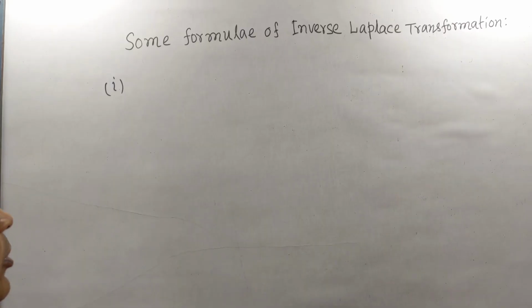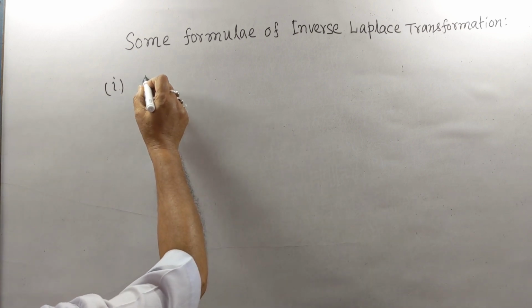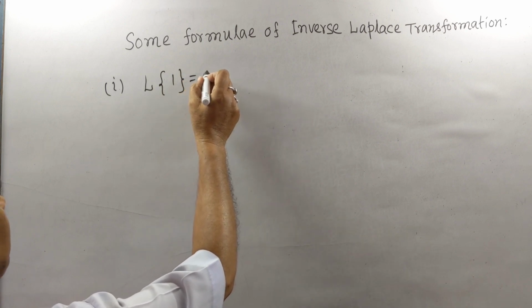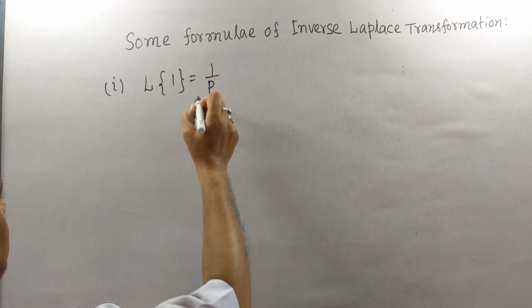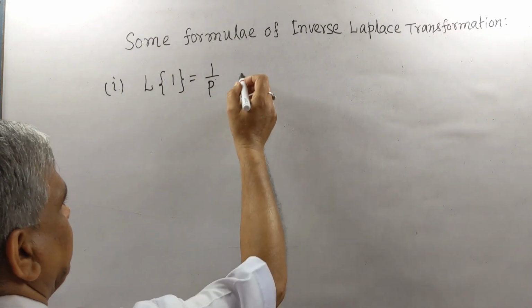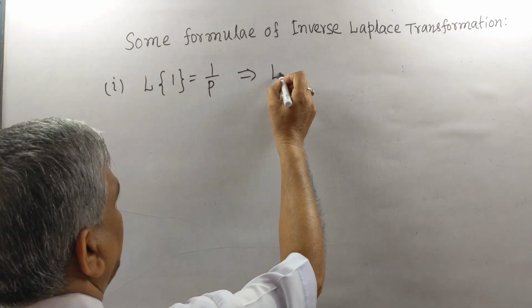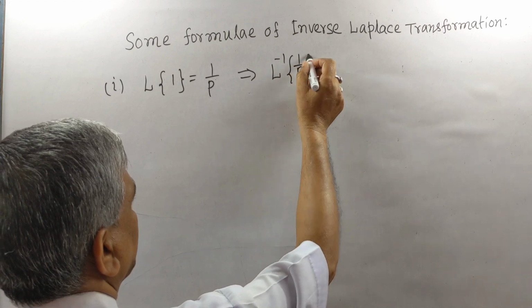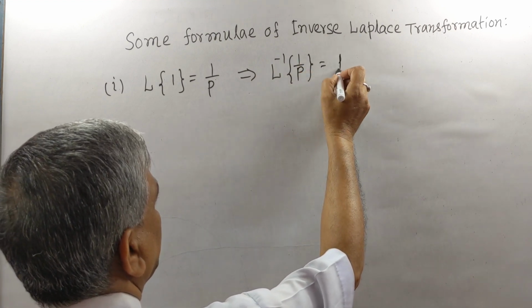Now we shall derive some formulas of inverse Laplace transformation. Number 1, as you know that Laplace transformation of 1 is 1 by p, which implies that L inverse 1 by p equals 1.